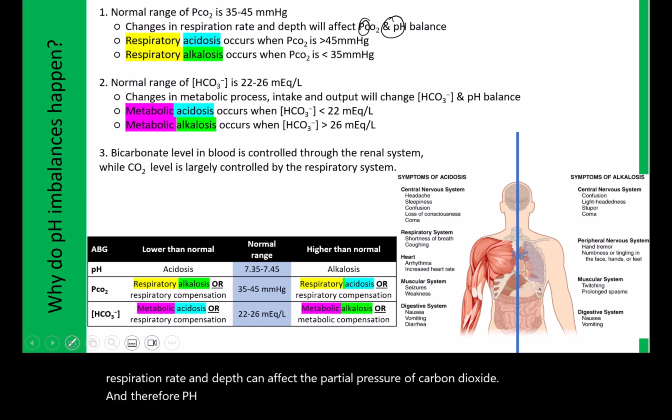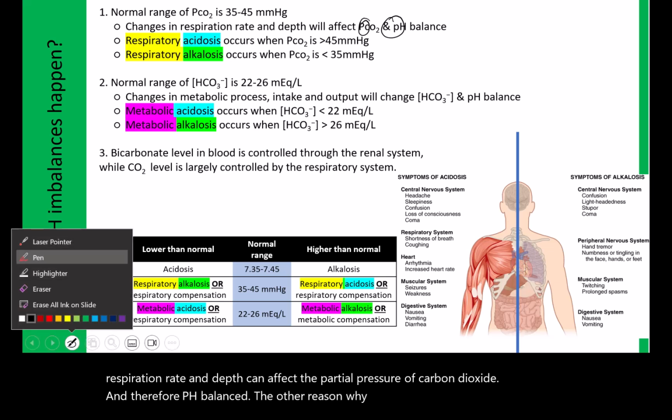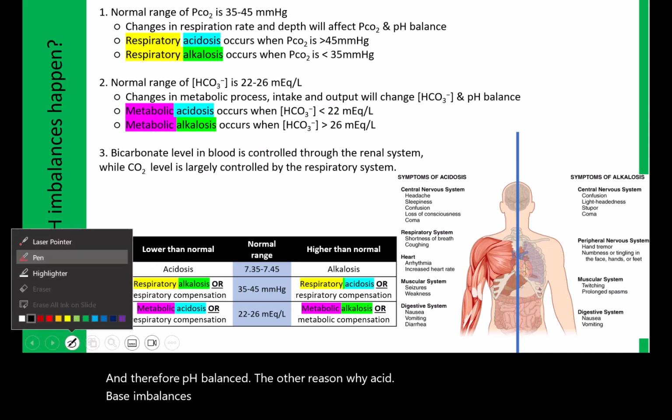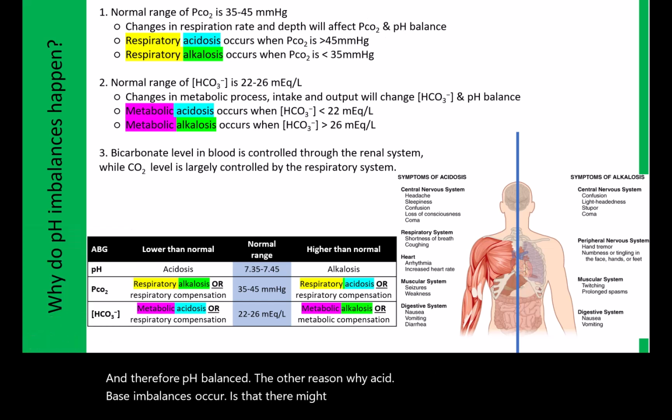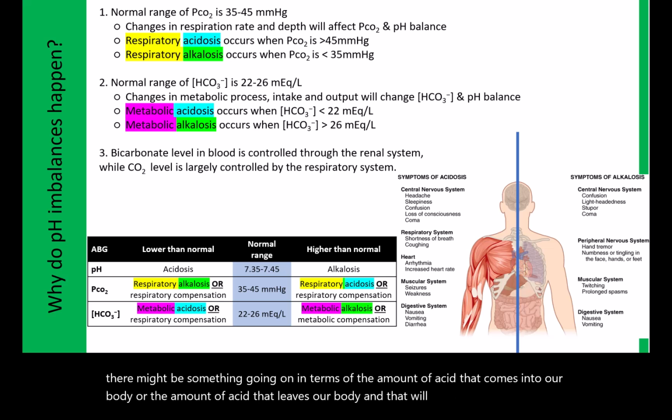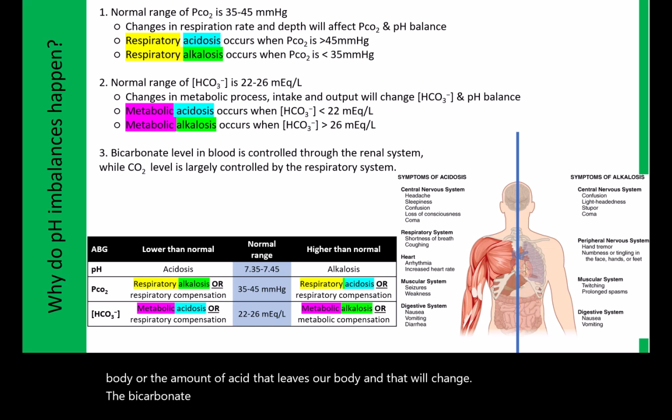The other reason why acid-base imbalances occur is that there might be something going on metabolically, or there might be something going on in terms of the amount of acid that comes into our body or the amount of acid that leaves our body. And that will change the bicarbonate concentration and therefore the pH balance.